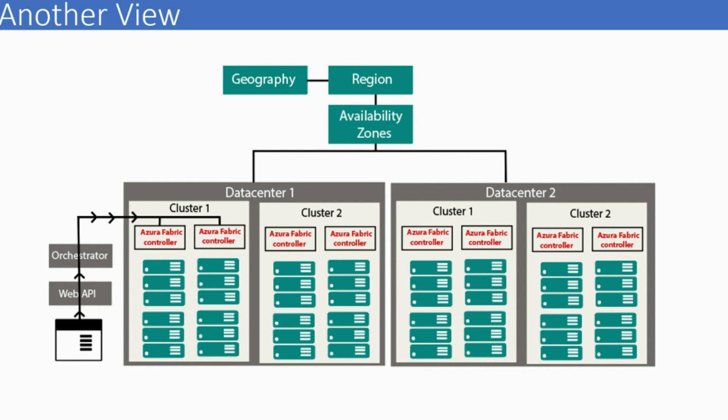So you will have a cluster of nodes, and these server racks form a cluster, a number of clusters form a data center, a number of data centers form availability zones, a number of availability zones form a region, and n number of regions form a geography.